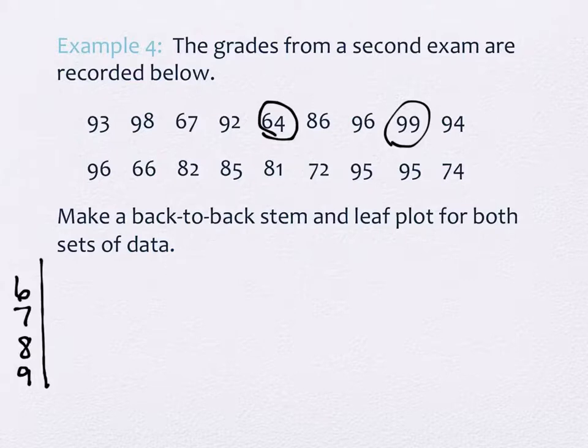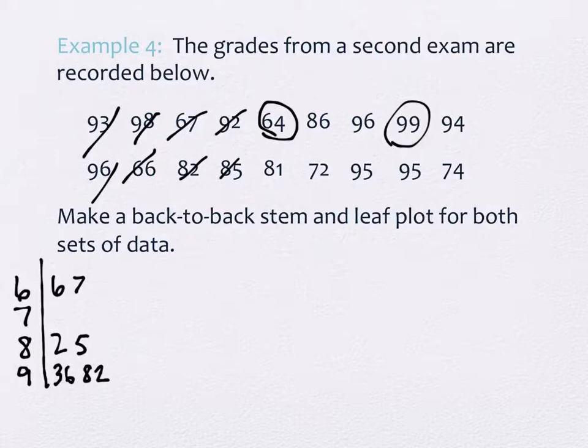So I have 93, 96, 98, 66, 67, 82, 92, 85.